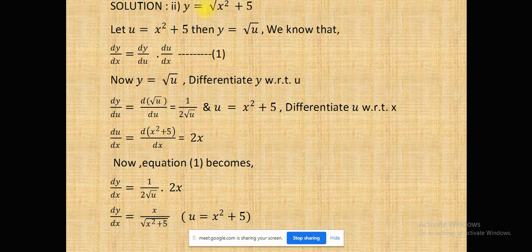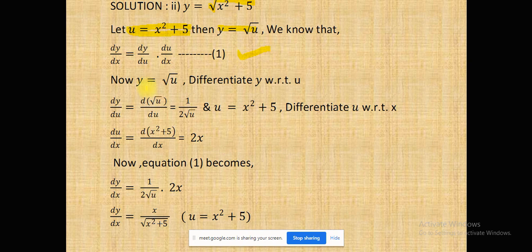Now y is equal to root of x square plus 5. What is the outer function here? The outer function is a root function, and the inside function is x square plus 5. Whatever is inside, we will write it as u. The inner function is u, then y will become root of u. Now here is the chain rule.